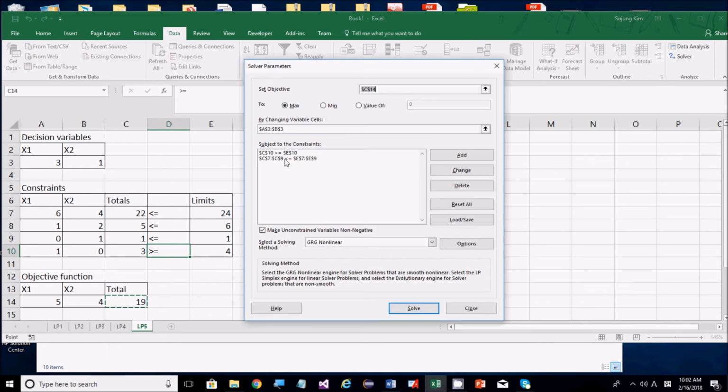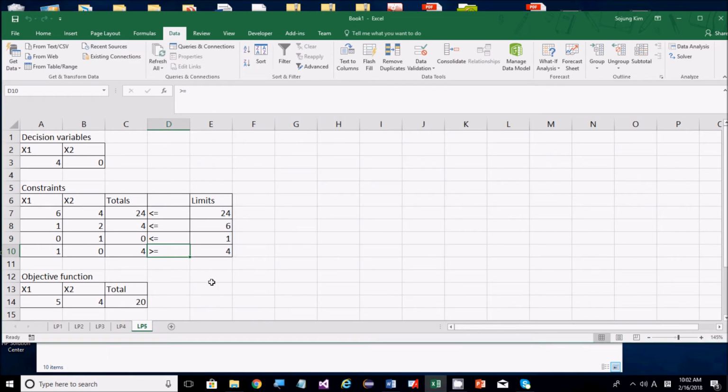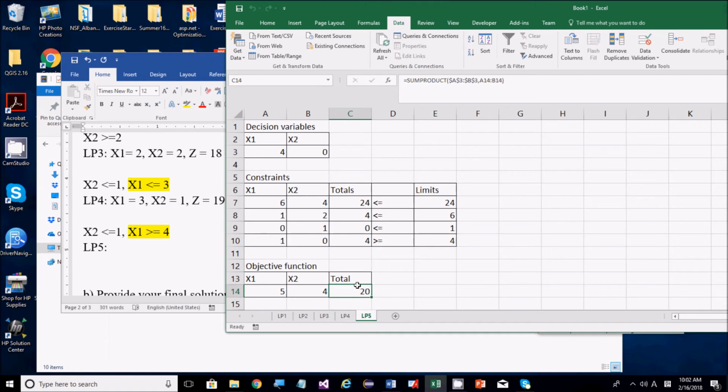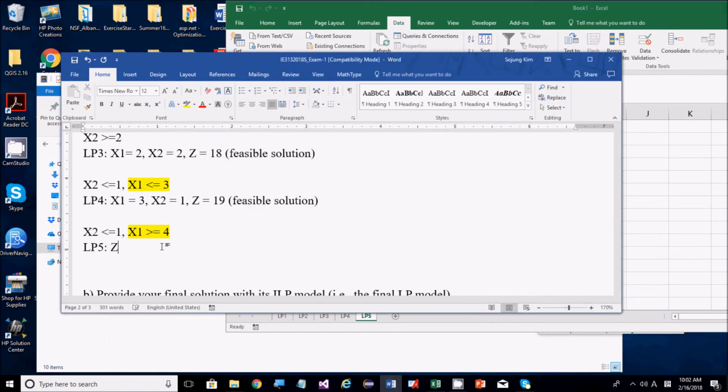Using simplex LP, click solve so that you can get the solution. So we got 20 when x1 equals 4 and x2 equals 0.